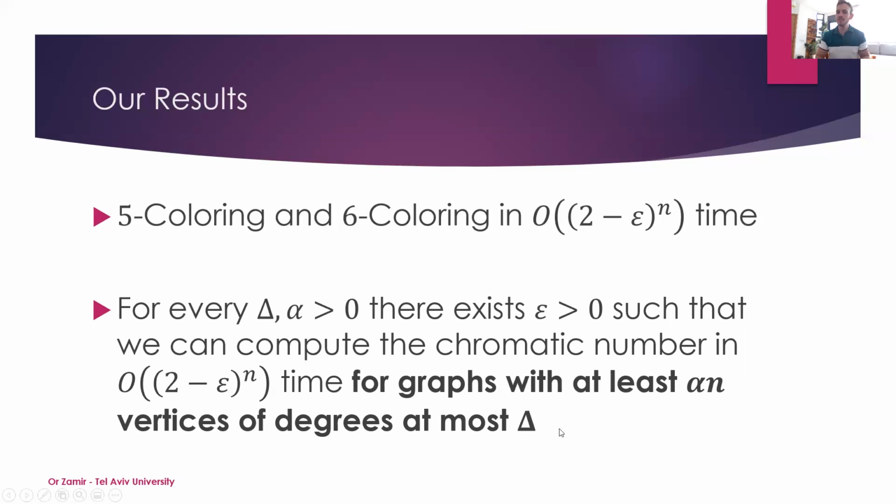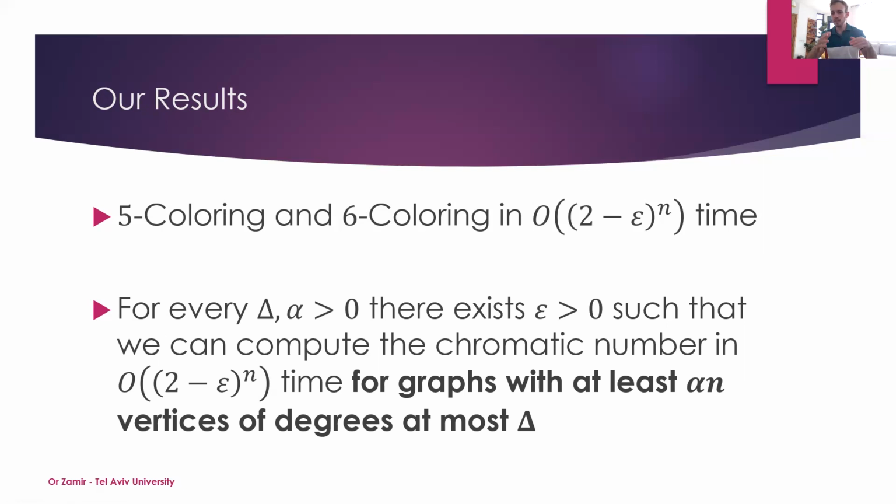So this is basically saying that if you have at least some constant fraction of vertices that have degrees that are bounded by any constant, then you can get an exponential improvement over the general 2 to the n for even computing the chromatic number.